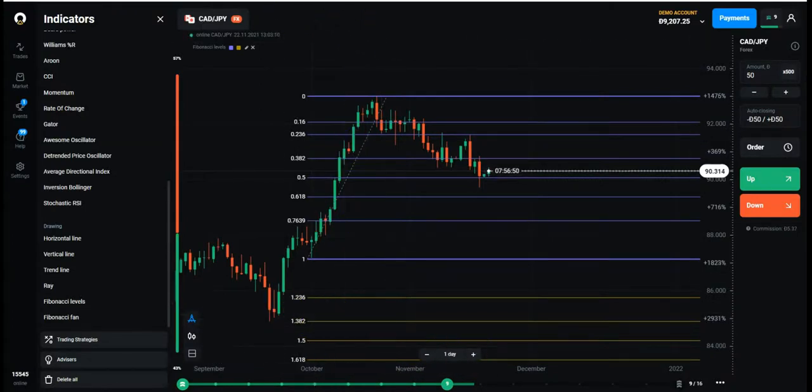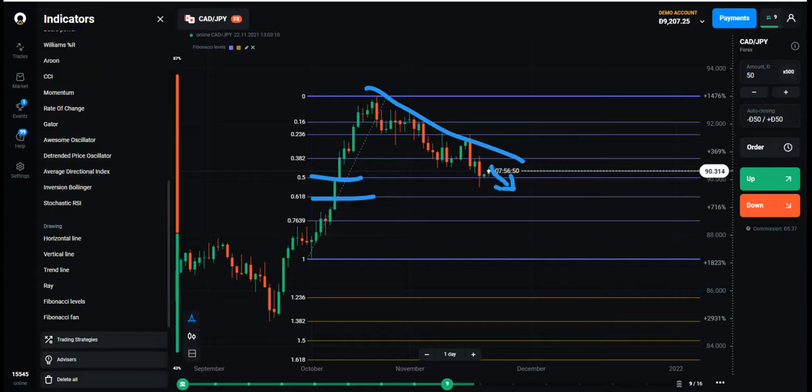Well, the first level would be the 50, which it has created a wick of, and the second would be the 61.8 level. So I do see possibility for it to continue a bit lower.